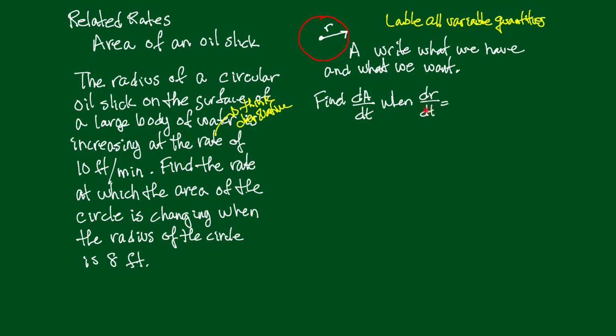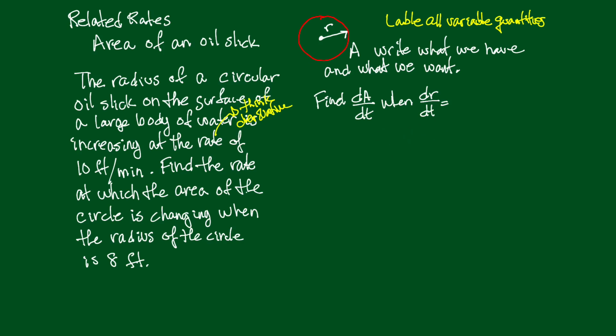all right, let's go over and find out, what is dr/dt? Well, we're given that the rate of the radius, all right, the radius is increasing, right? The radius is increasing. So do you see this? It's dr/dt, right? So you got a minute on the bottom. That's the time. So I'm going to have a dt on the bottom. And a feet, that's a radius. So I'm going to have a dr/dt. So back over here, dr/dt is equal to what number?